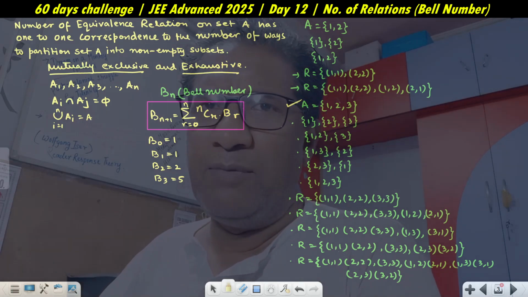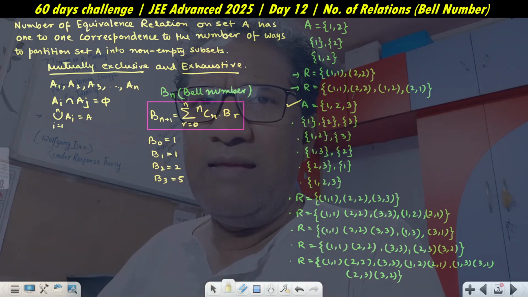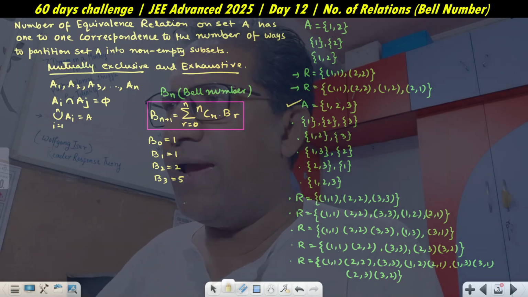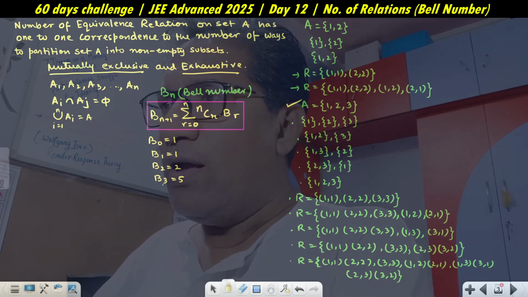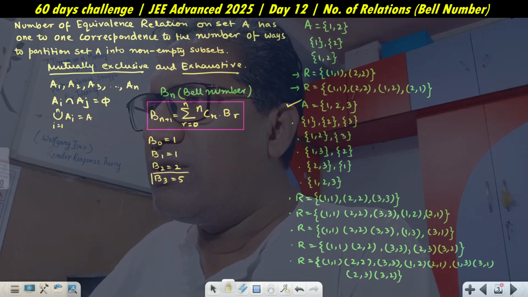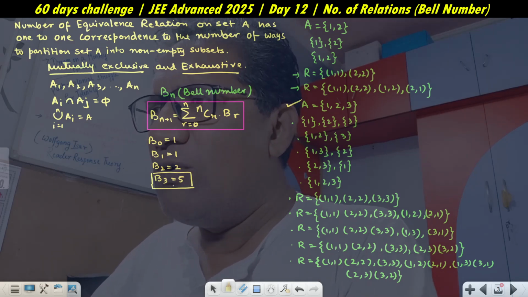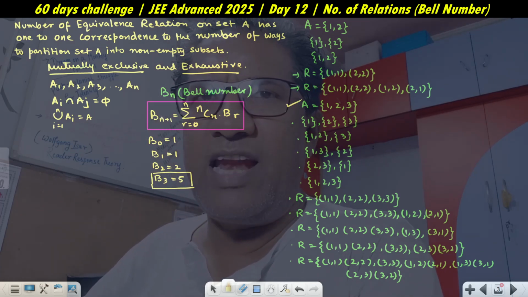That is, the Bell number for 3 elements in a set is 5.